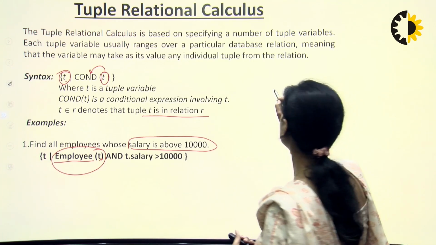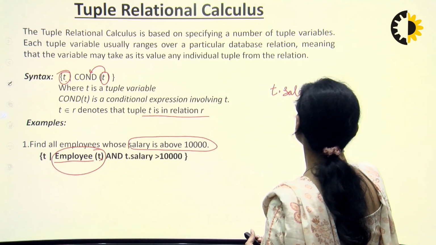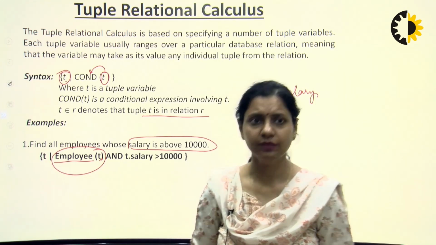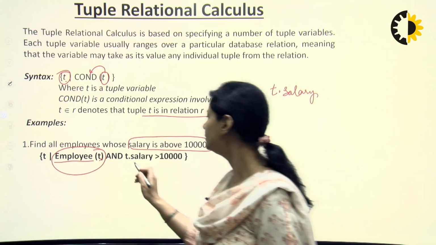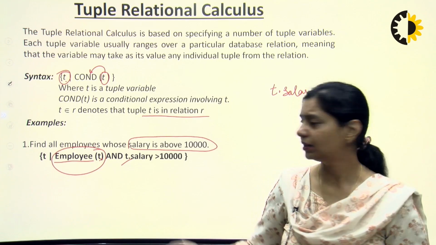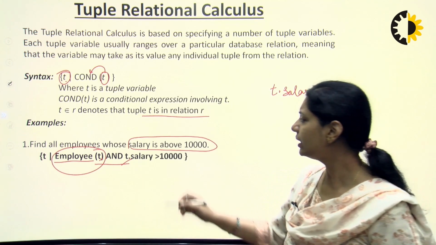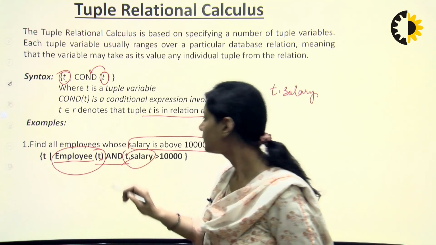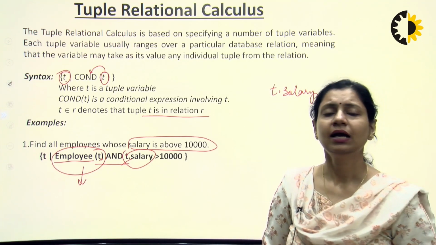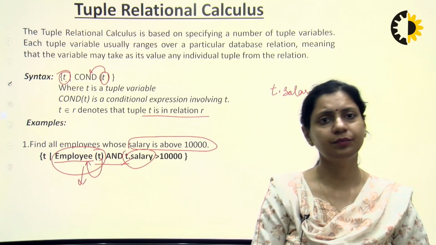So we will be saying T dot salary, just to denote that we are working with the salary attribute of the table employee. This is the way we write a particular expression. This is the conditional expression which involves T, and this is the relation name along with the tuple variable, and this denotes that this tuple variable exists in the table employee.